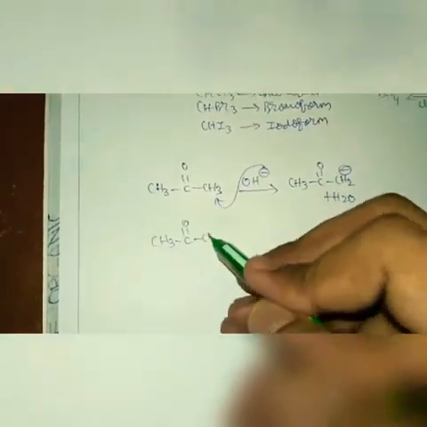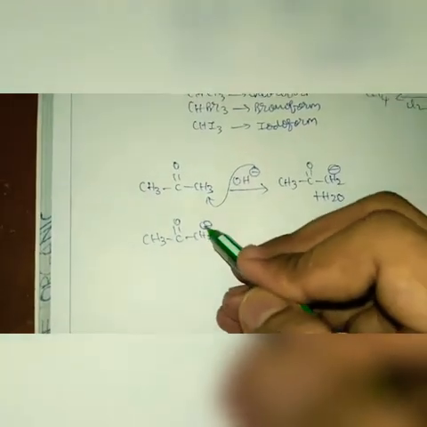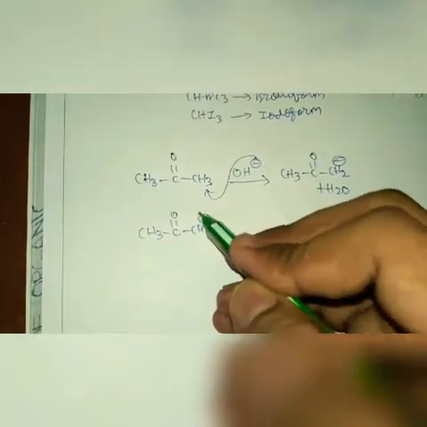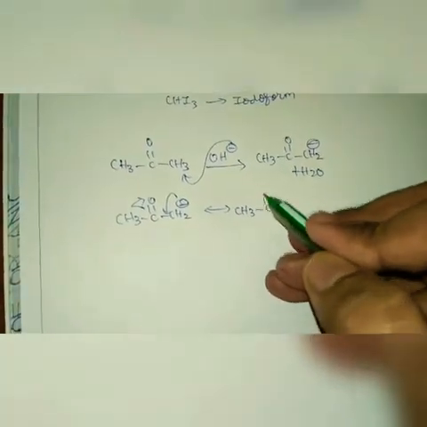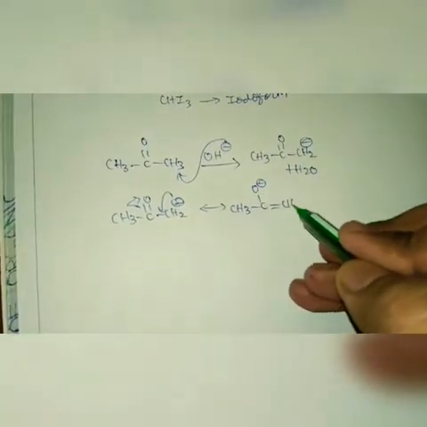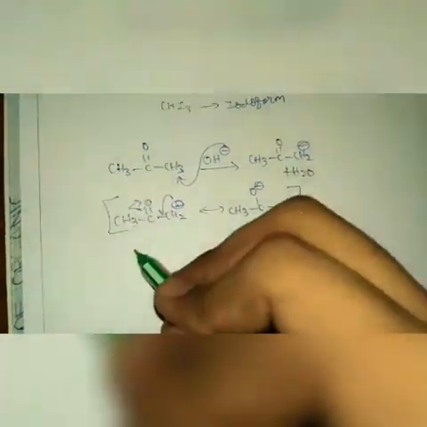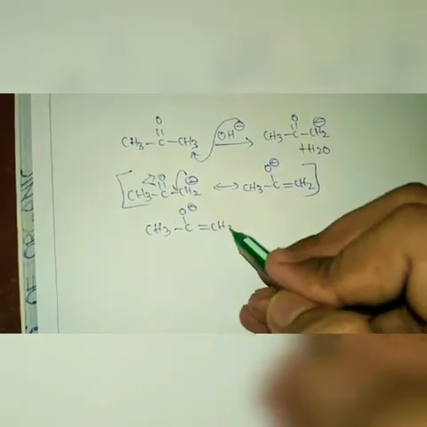Now this CH3, C double bond O, CH2 minus will be under resonance. So this is the more stable, more resonating structure, and carbon is the strong nucleophile.